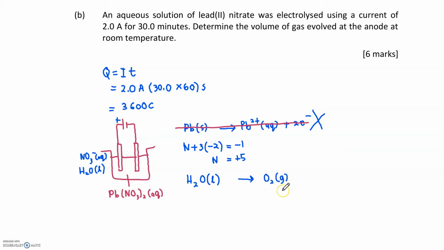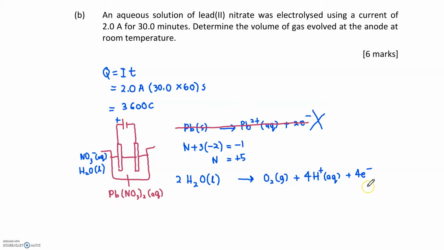So there's 2 oxygen here, so that has to be 2 water, and then balance the hydrogen atoms by adding H+. So that is 4H+. And then we balance the charge where this is 0 and this has a charge of positive 4. So that involves 4 electrons.